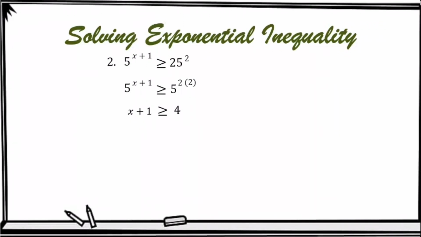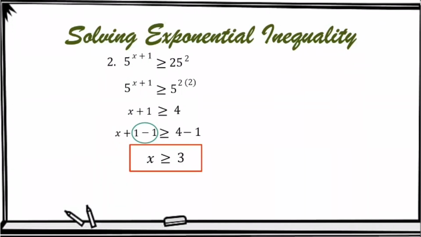Add negative 1 both sides, that will be x plus 1 minus 1 greater than or equal to 4 minus 1. So on the left side of the given, simplify 1 minus 1, that is equal to 0. That will be x greater than or equal to 3. Since we find the value of x, therefore the answer is x greater than or equal to positive 3.